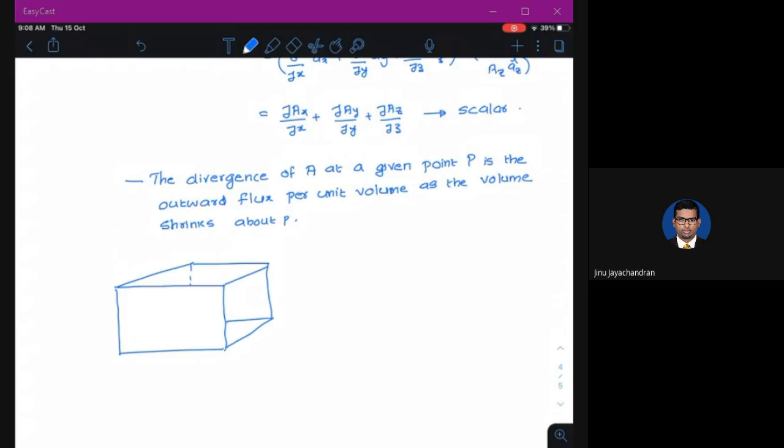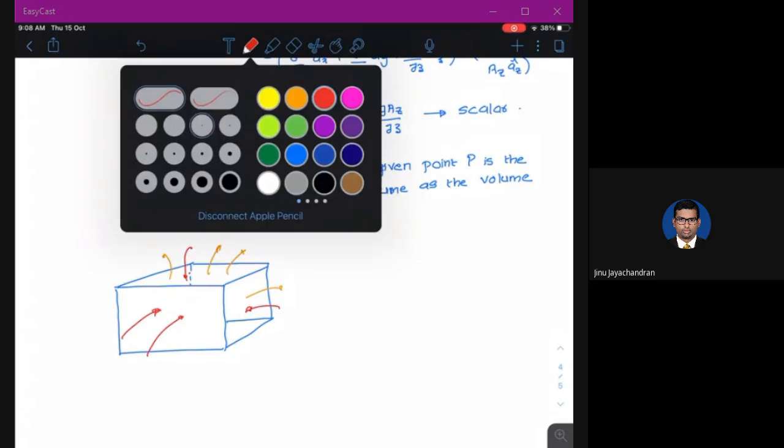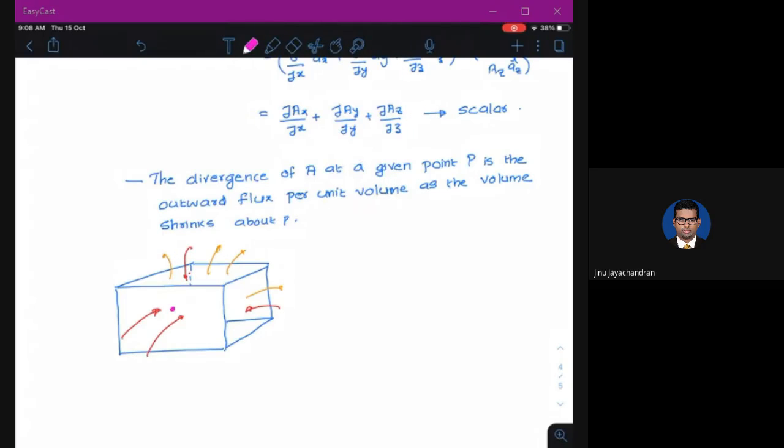Now there are some flux lines which are coming out, and there are some flux lines which are going in. And the divergence of A at any point P is the outward flux per unit volume as the volume shrinks about P.